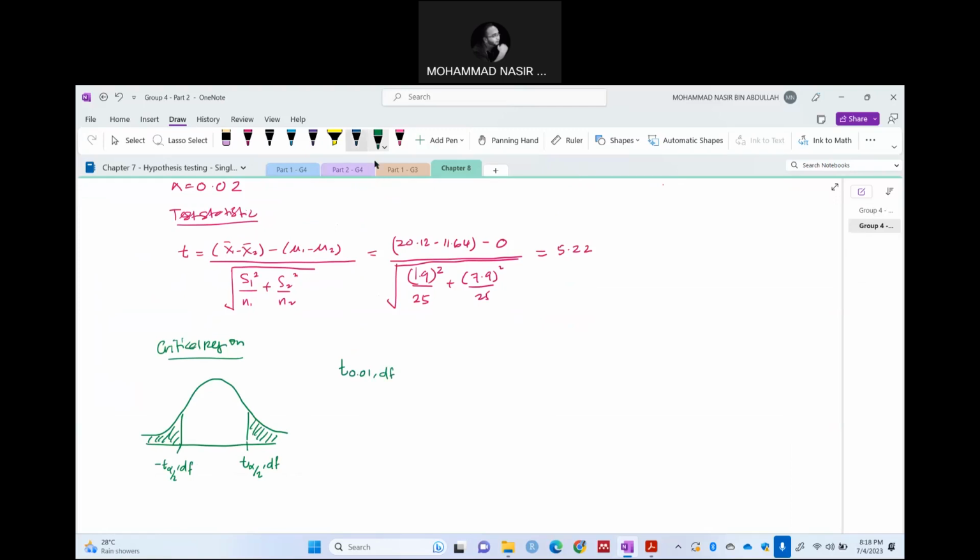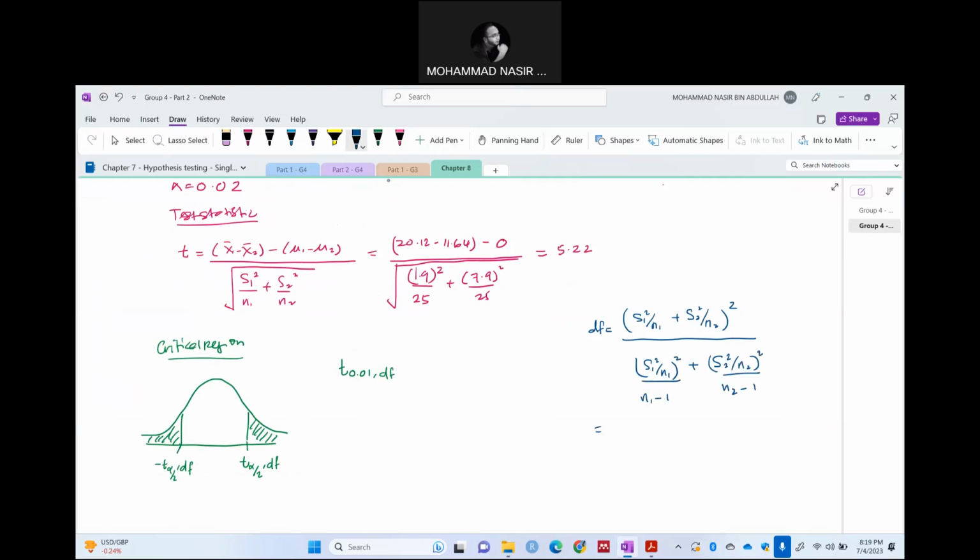So we need to calculate the degrees of freedom. The degrees of freedom is (S1 squared divided by N1 plus S2 squared divided by N2), all squared, divided by [(S1 squared over N1) squared divided by (N1 minus 1), plus (S2 squared over N2) squared divided by (N2 minus 1)]. So this is the formula for degrees of freedom.